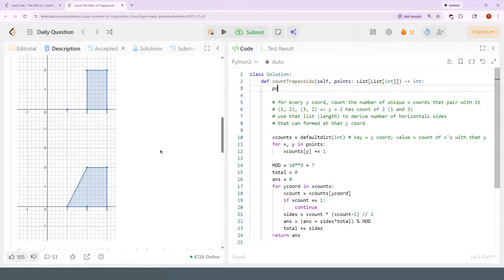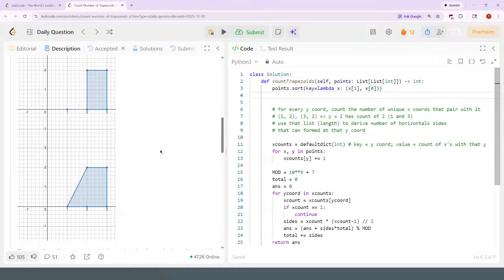So let's say points.sort, and I could by default sort based on the X coordinate, but I want to sort based on Y coordinate, so if I just use a key equals lambda x, where lambda x is officially x bracket 1, x bracket 0, I think that's the syntax.